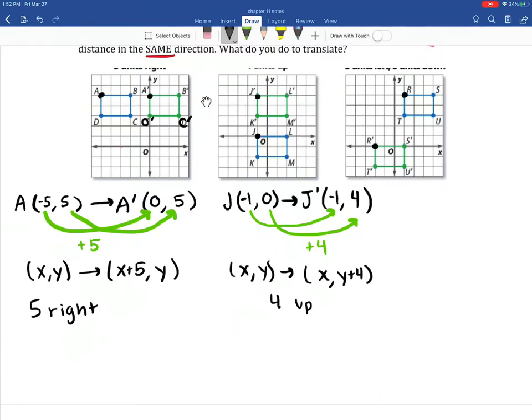Let's try one more. R and R prime. R is at 1, comma, 5. R prime is at negative 2, comma, 0. So, to move from 1 to negative 2, what did I do? And to move from 5 to 0, what did I do? Think about it for a second.